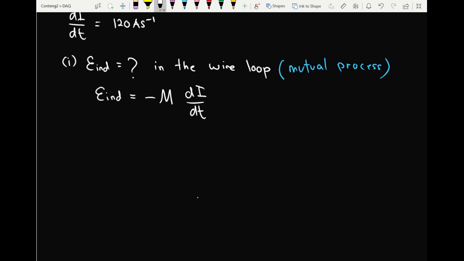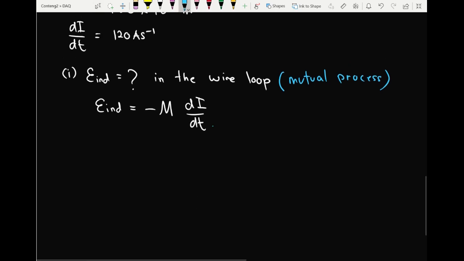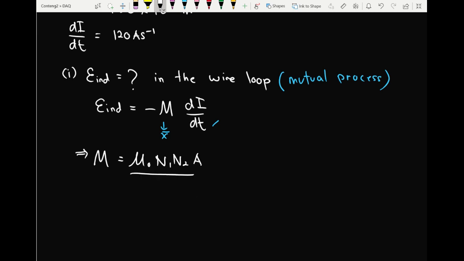So just substitute into the equation. Look at the information. You have di/dt, but you don't have M, so you need to find M first. The equation for the mutual inductance is mu naught N1 N2 A over L.